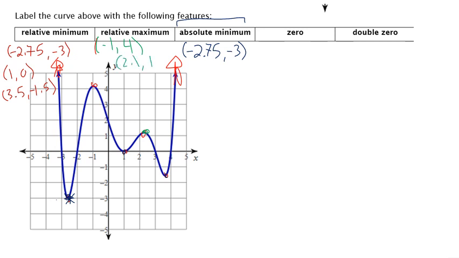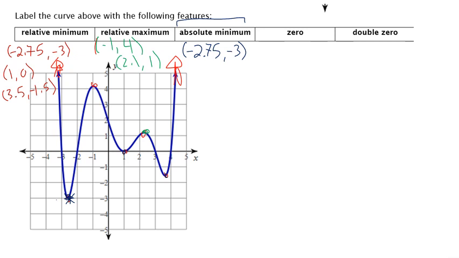I'm just estimating these points here. So those are where the graph goes high and then switches direction. But there isn't an absolute maximum because it goes off the graph. So that's just a little bit of a review from Math 1.